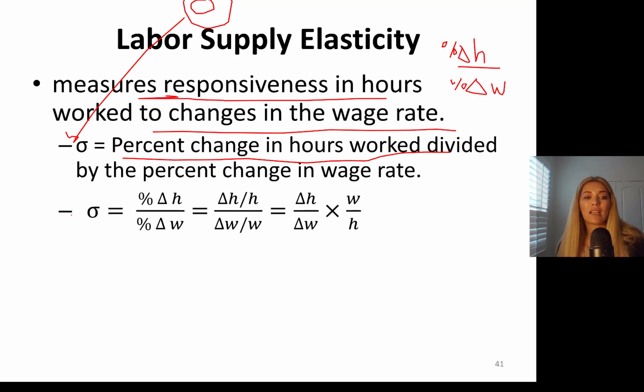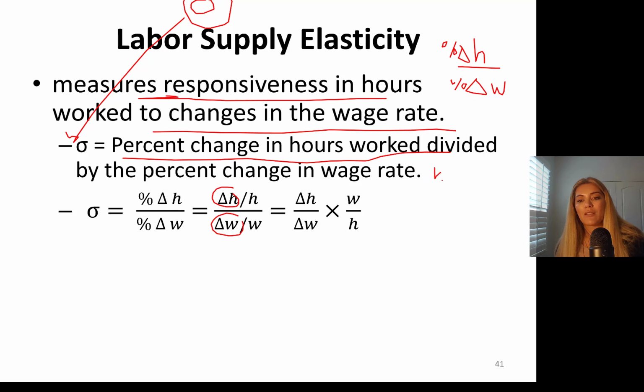The formula is like this: sigma, labor supply elasticity, equals the percent change in hours divided by the percent change in the wage rate. The percent change in hours is the change in hours divided by initial hours, everything divided by the percent change in wages, the change in wages divided by the initial wage.